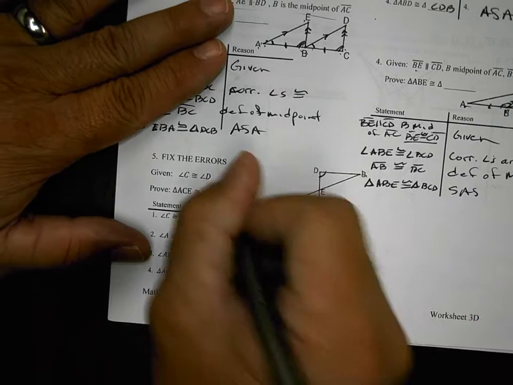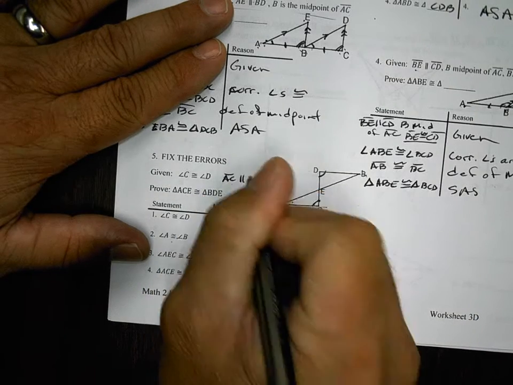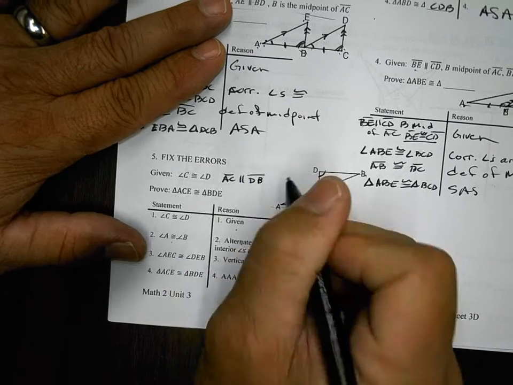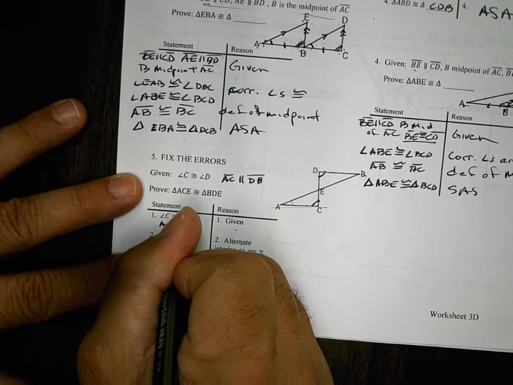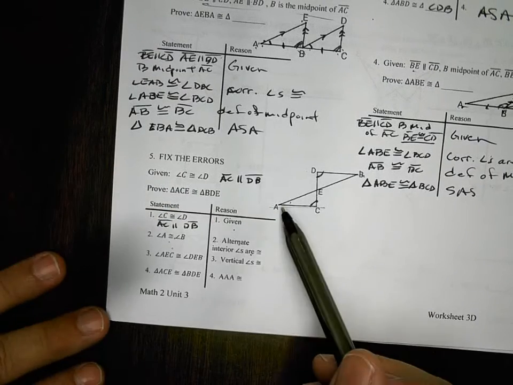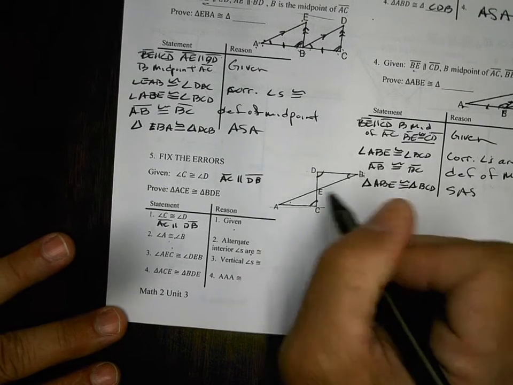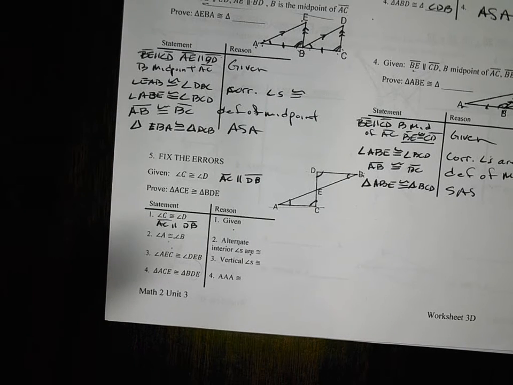So we have to add that to our given. So we can go AC is parallel to DB. That would fix it, if we add that and we put it here. Now AB is a transversal, so now we could say that angle B is congruent to angle A. That fixes that.